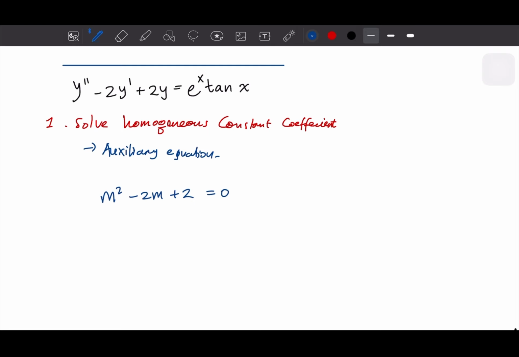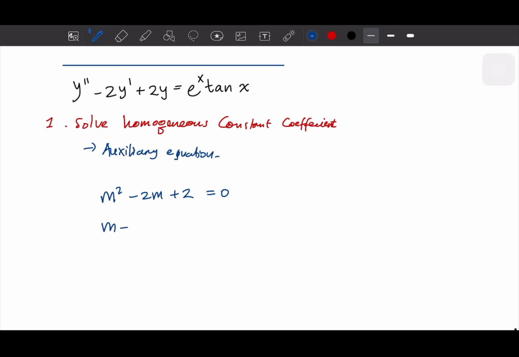If you see that this does not have real solutions, we have an imaginary number in our roots. And remember, whenever we have complex roots, we need to apply Euler's relations, e to the x with alpha and beta. So let's check that out.